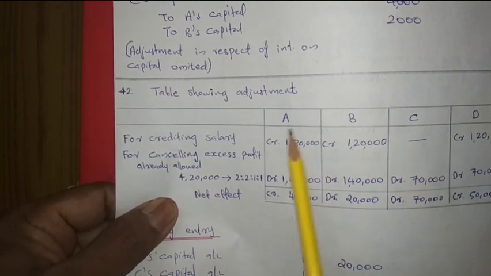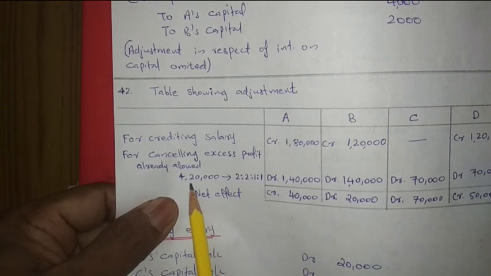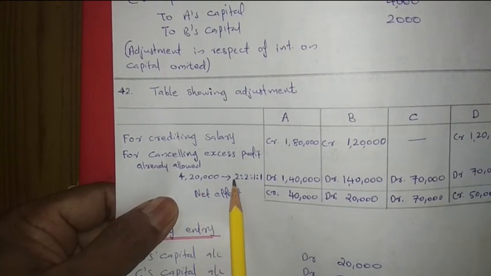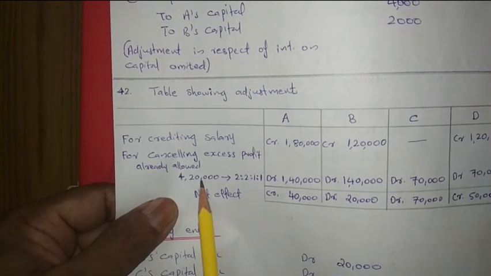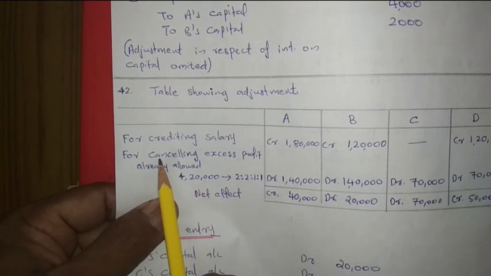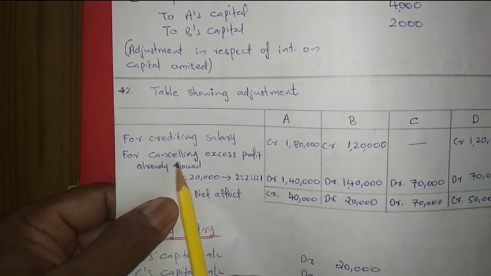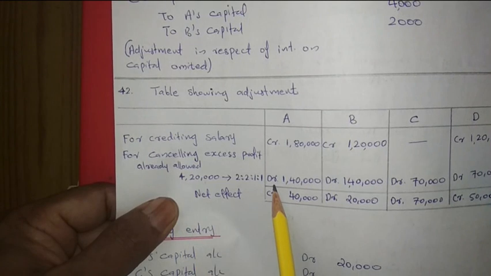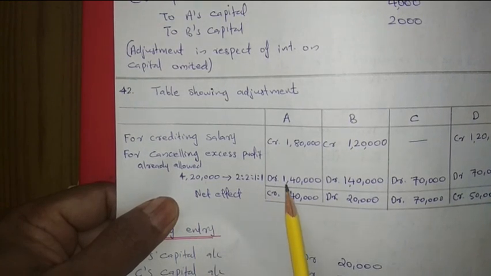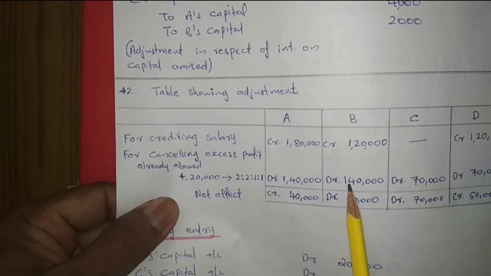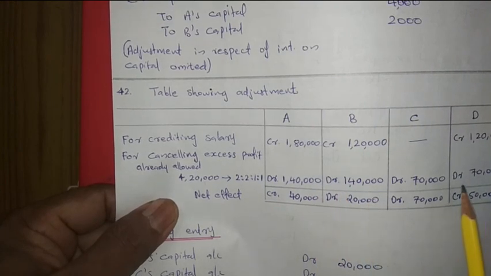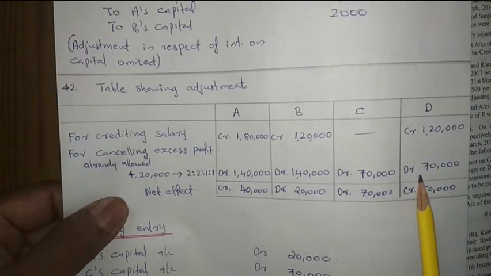The total of this salary I have written here, 4,20,000, and in the profit sharing ratio this will be distributed. We have to cancel from their capital, that is why we do debit. So we debited 1,40,000, here also 1,40,000, and here 70,000 and here also 70,000 is coming.